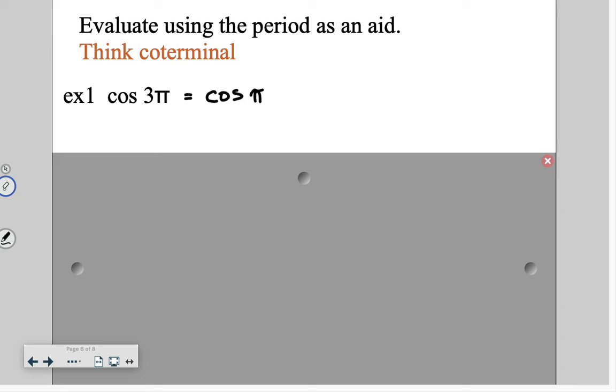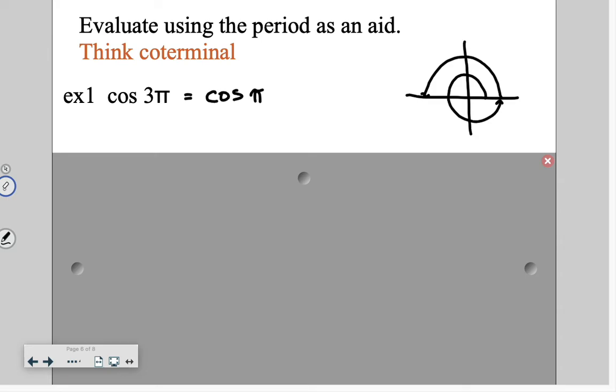Cosine of 3 pi and cosine of pi are going to be the same. Here's why. I'll draw a quick picture off to the side. If I start here and go all the way around, how far have I gone? 2 pi, right? A full revolution is 2 pi, plus another pi. Therefore, you end up in the exact same spot.